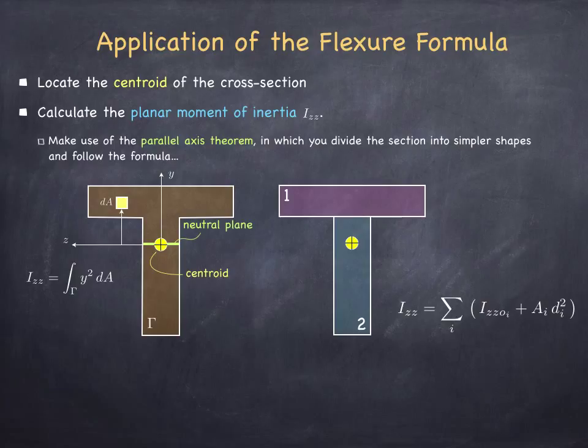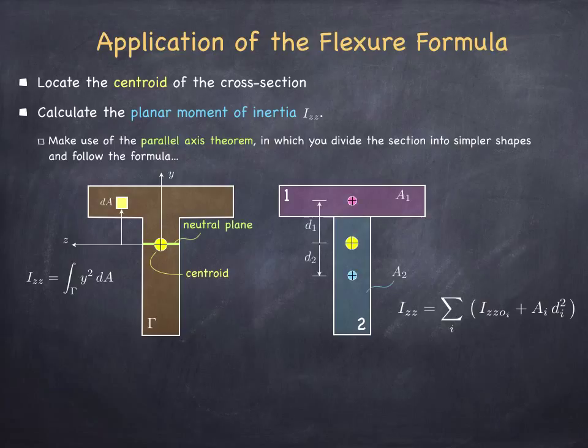I am not going to offer you a proof of this, but you can just look it up. It's a simple theorem that you can utilize to simply calculate the second moment of area of a cross-section that you can break up into simpler ones.